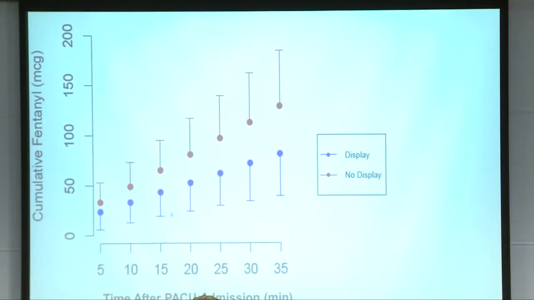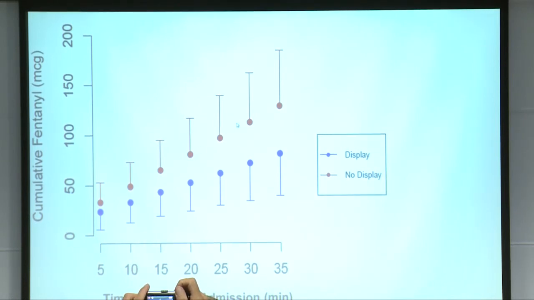So this represents now a change in practice where those that used the display ended their procedure with more fentanyl or analgesia on board than isoflurane. They tended to protect the patient at the end of the case, anticipating postoperative pain. And as a result of that, this shows for the display and for those that did not use the display, there were 15 in each group.